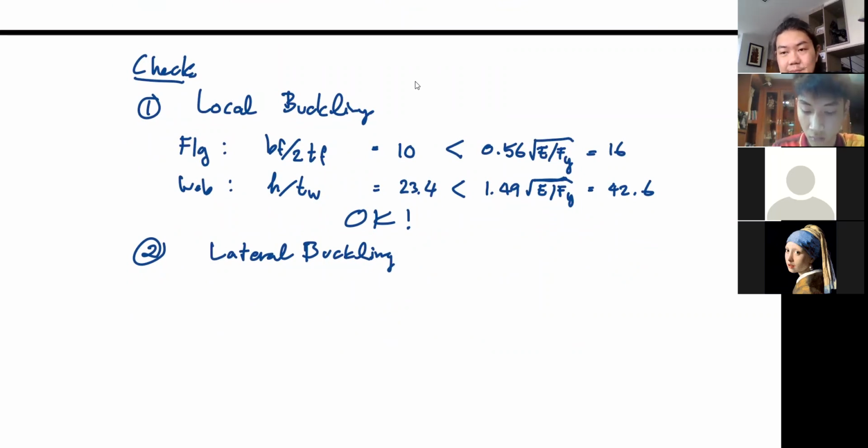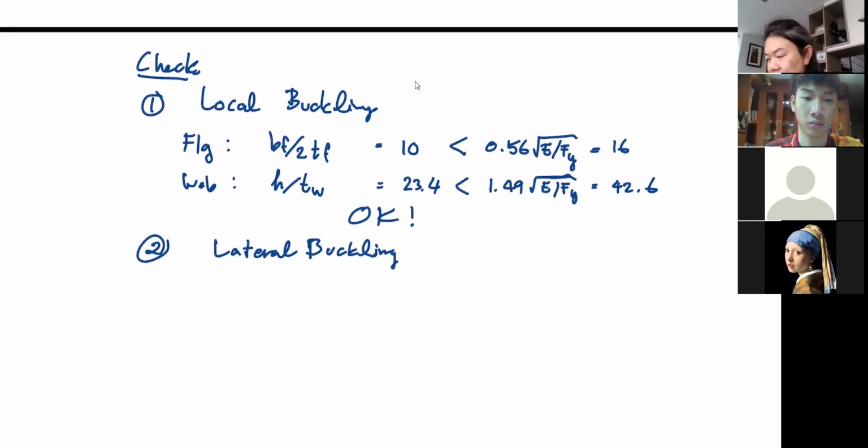If that is the case, you can also calculate the strength of your compression member until the end, until you see the P nominal, and you will be able to tell that the larger KL over R will give you less P nominal. But you know, that calculation is avoidable.